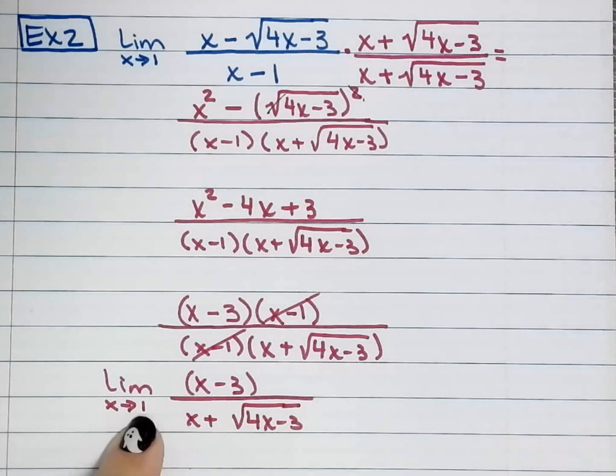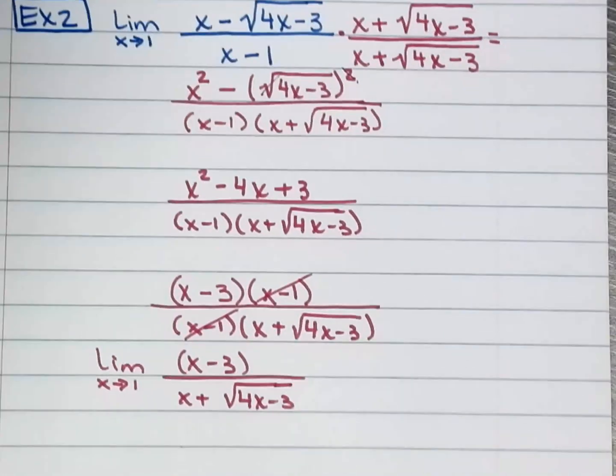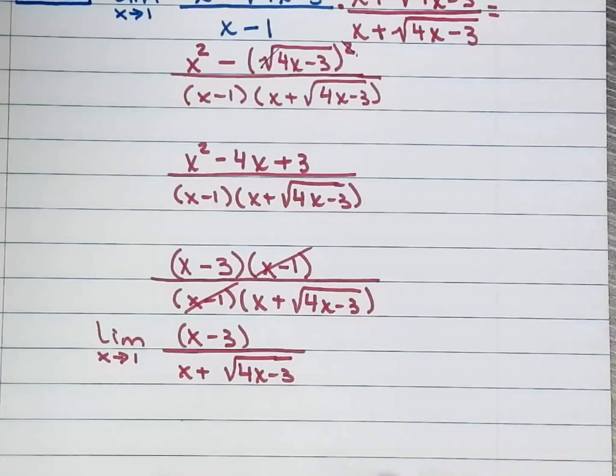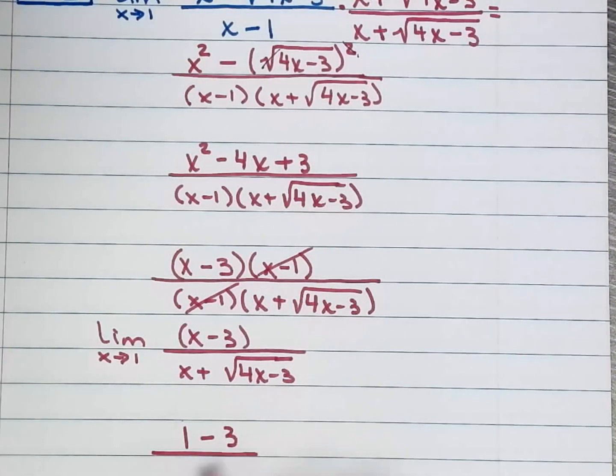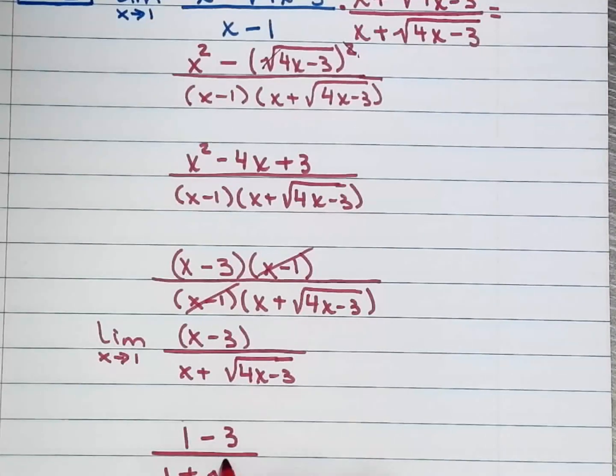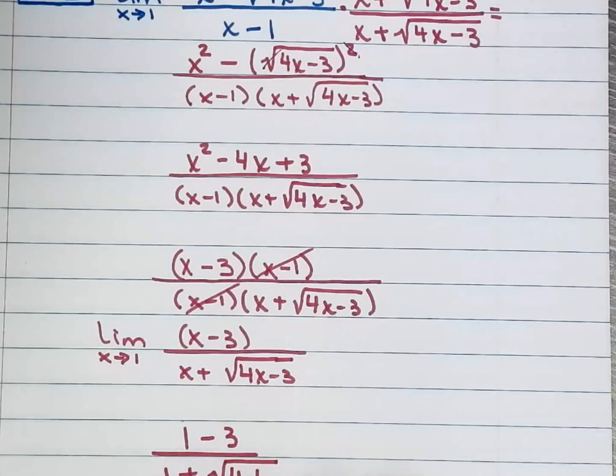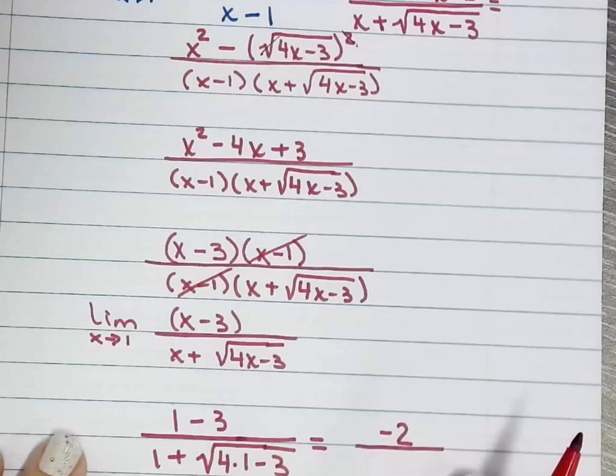At this point, if I do direct substitution by plugging in 1 for x, it would not give me 0 in the denominator. So let's do that. So 1 minus 3 over 1 plus square root of 4 times 1 minus 3. I have negative 2 for the numerator.